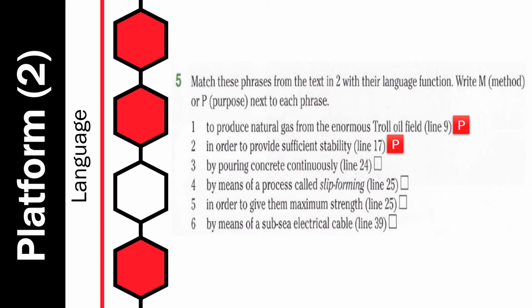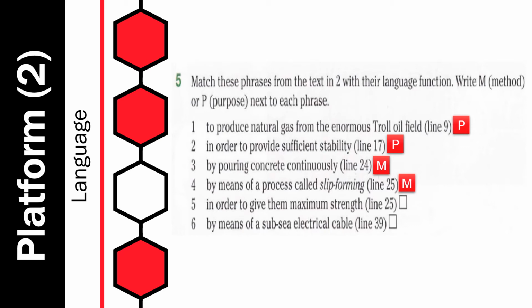Now let's move to number 3. By pouring concrete continuously. So how? By pouring. So this sentence expresses method. Number 4, by means of a process called slip forming. The sentence starts with by means of, so it expresses method too.